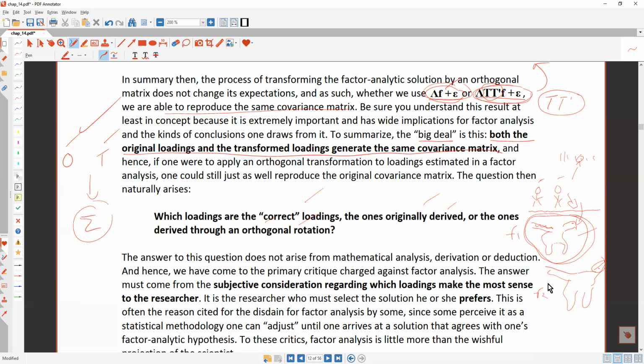And not only that, not only discuss how many other factors were obtained with the solution, they have to accept the fact that different rotations of the structure are going to produce the same covariance matrix. In other words, different transformations of the structure are able to produce the same reproduction of the covariance matrix.